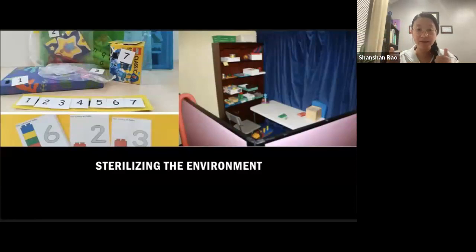Then we will have a very successful following of one-step directions. We have a very successful skill of scanning toys, right? Those are all things that you can really work on in your home environment, even in the classroom environment.